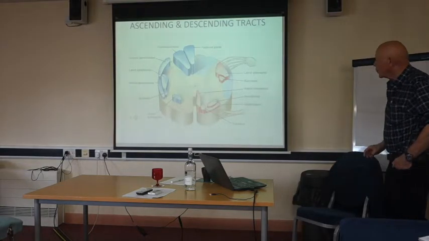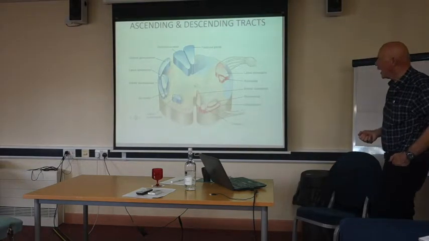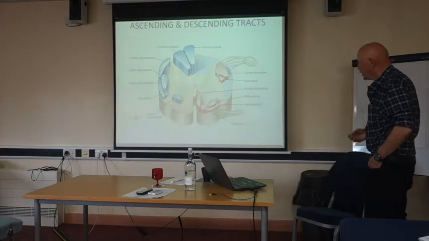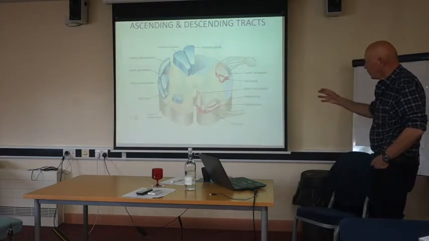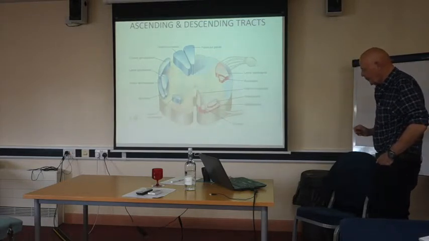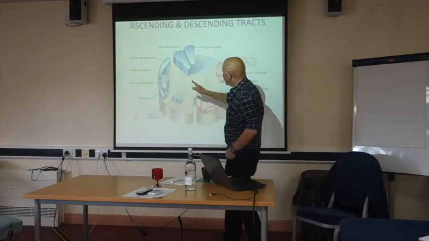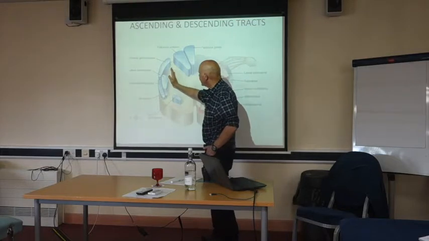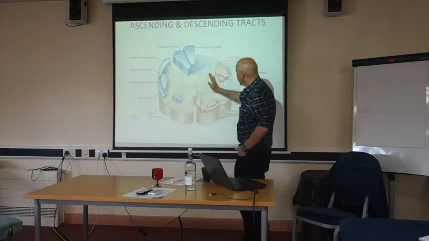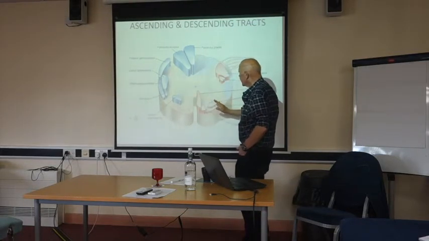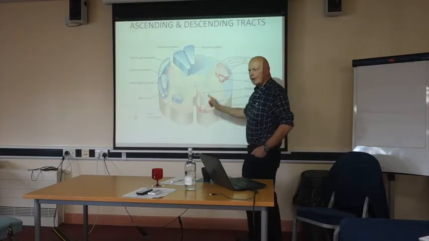In the spinal cord, the ascending and descending tracts are kept together. This shows you the ascending tracts on this side and the descending tracts on this side. It doesn't mean that it goes up one side and down the other.